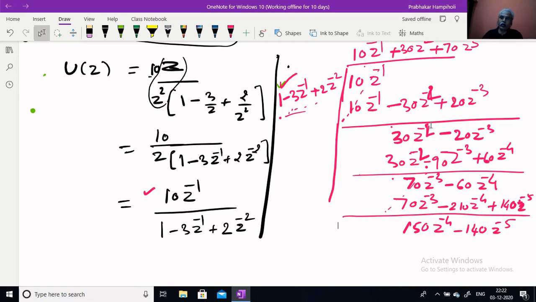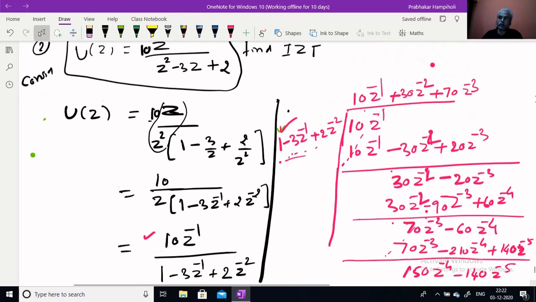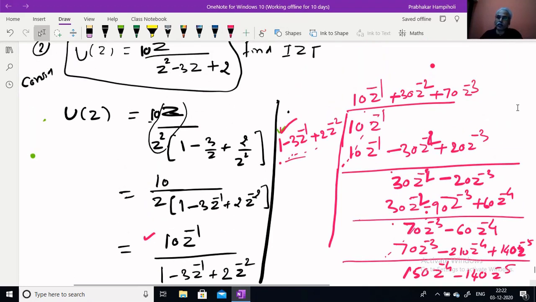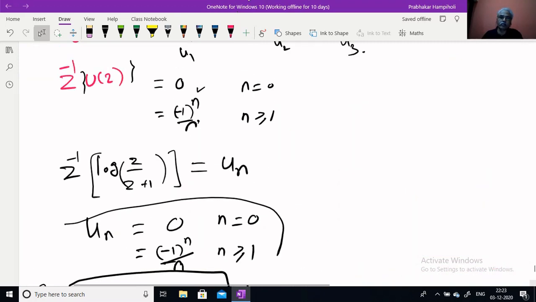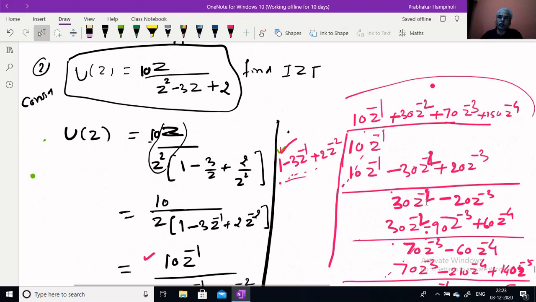Now if I have to multiply again by the first term, so this becomes an unending process, 150 times z raised to minus 4. Some results will get back, but this becomes infinite. Hence the answer is an infinite series.